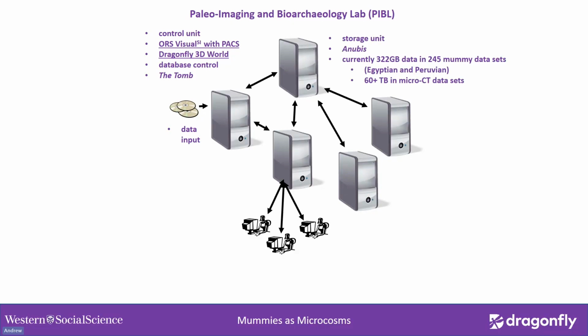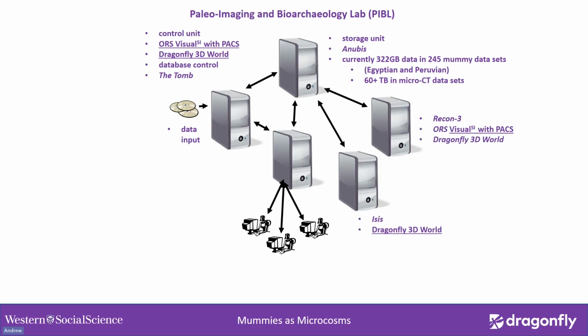Anubis, which is named after the Egyptian god of mummies, is where all the data is stored. And currently I've got 322 gigabytes of data and 245 mummy data sets from Egypt and Peru stored there. But I also have more than 60 terabytes of micro CT data sets that I also use Dragonfly and ORS to visualize.